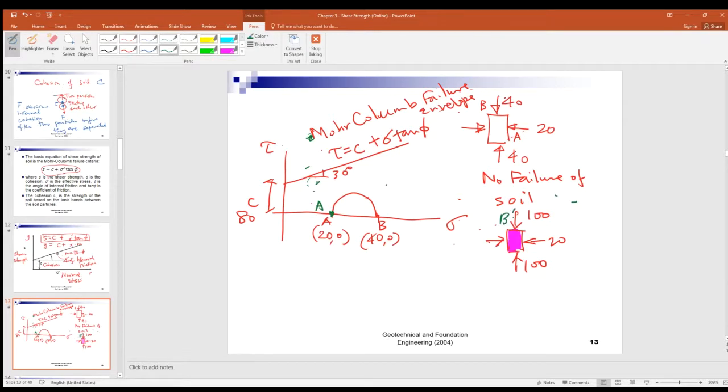B dash here, because here is 100, 0. So we draw the Mohr circle.